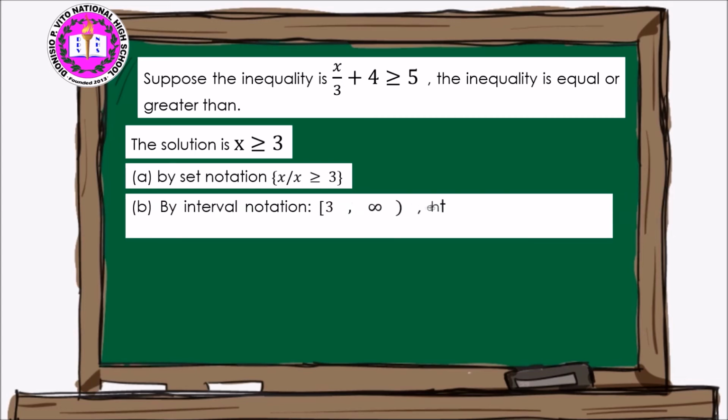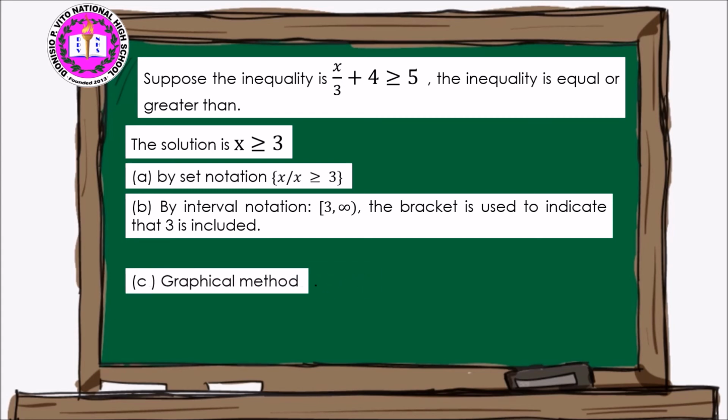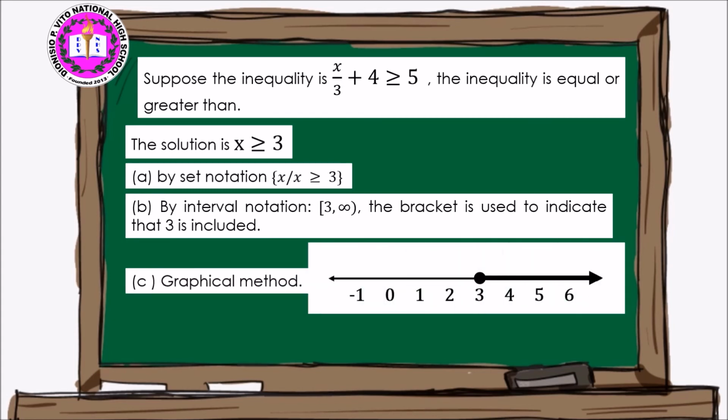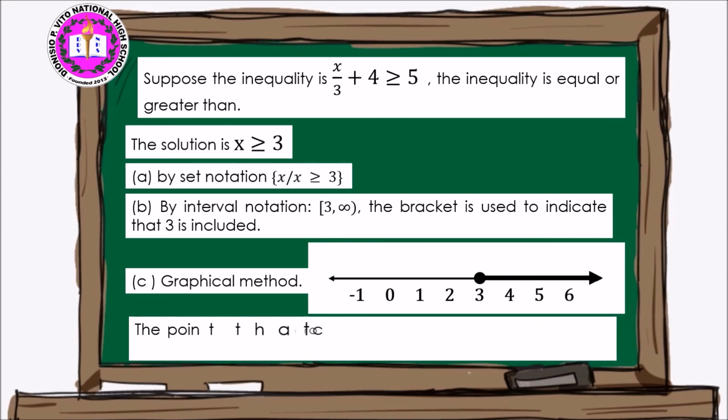By interval notation, the bracket is used to indicate that 3 is included. Then we have the graphical method. So the point that corresponds to 3 is solid, which means that 3 is included.